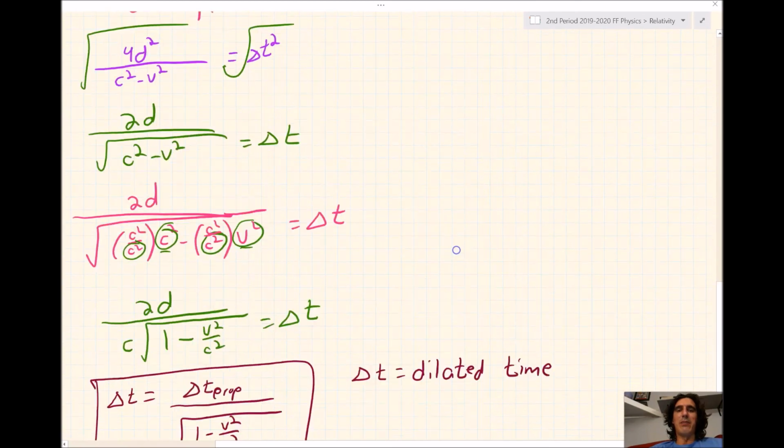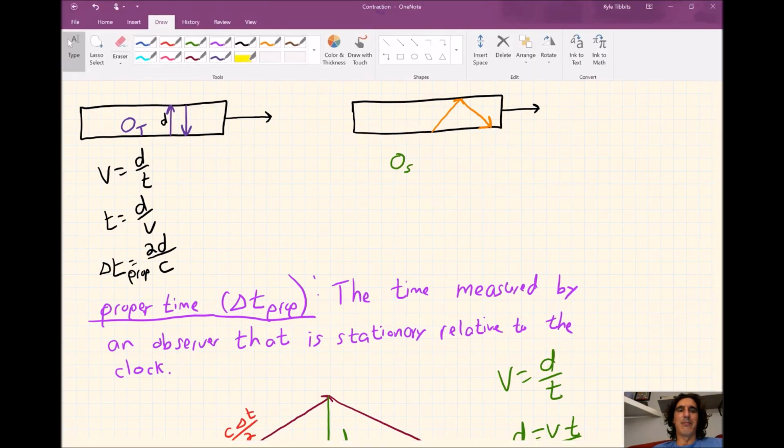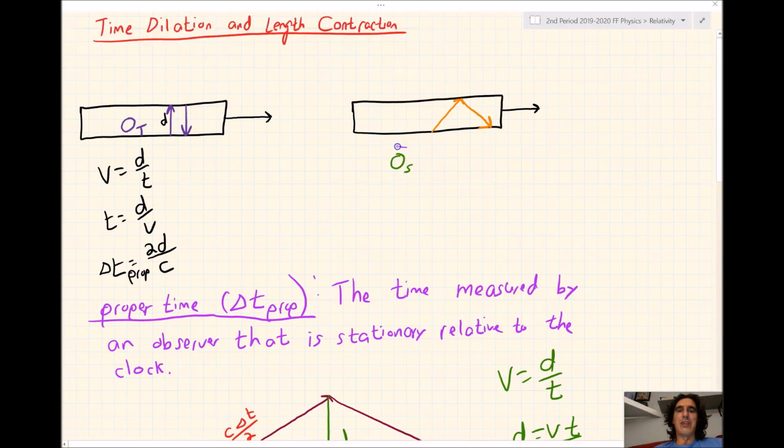What dilated time means is, let's look at our observers on the train. The stationary person on the outside, let's say their proper time is ticking normally, so it's just going up and down, normal time. And then the person on the train, if we time them, we can see that time takes longer from the stationary person's perspective.